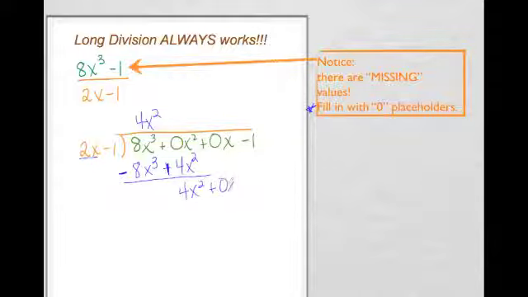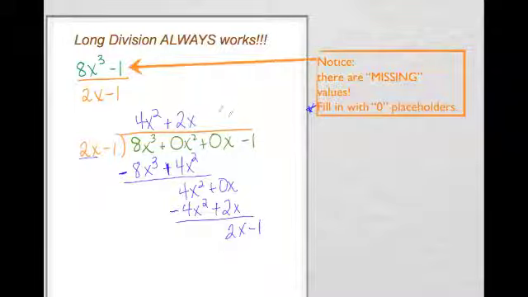Bring down my 0x. Now it's going to be 2x, because 2x times 2x gives me 4x squared. Subtract again, change this to a plus. And this time it's going to be 1.